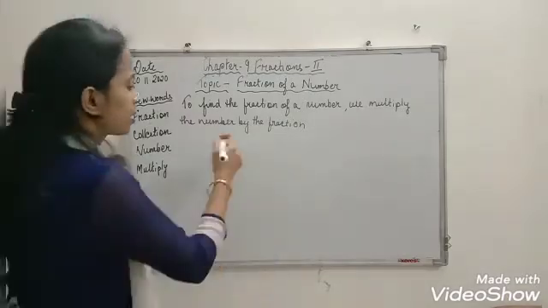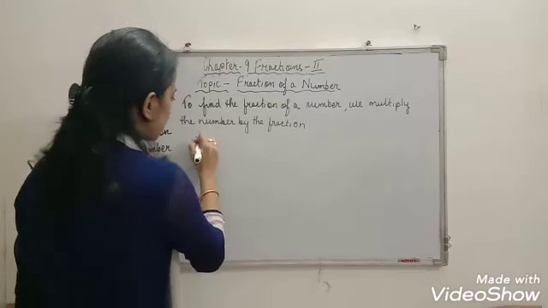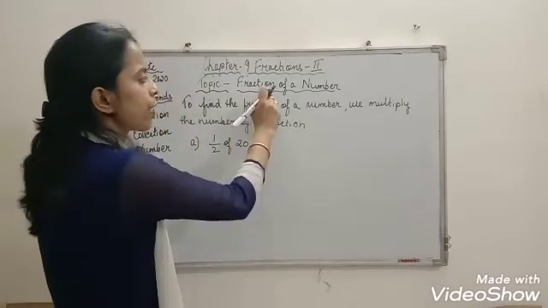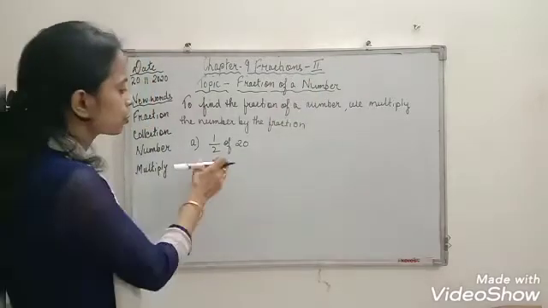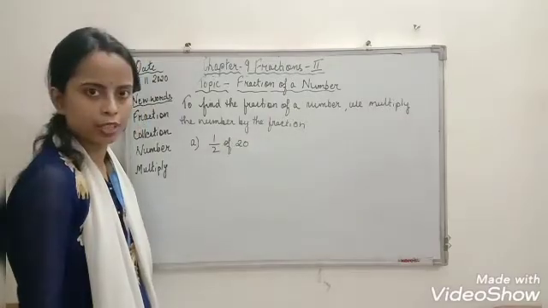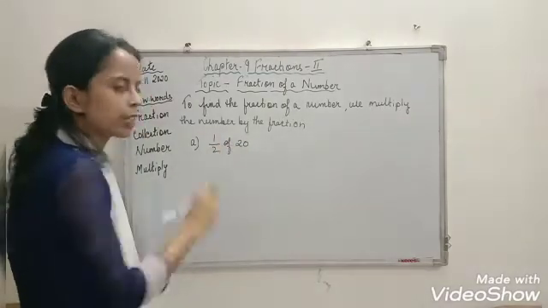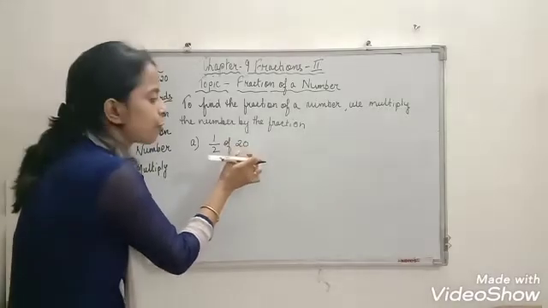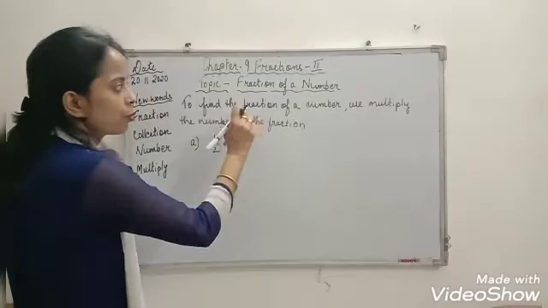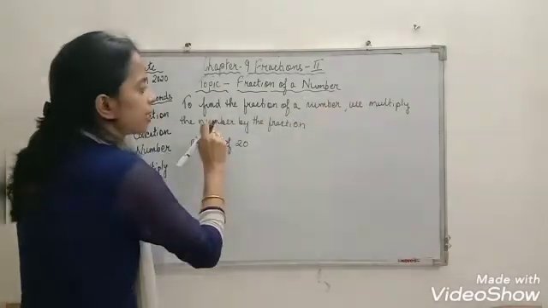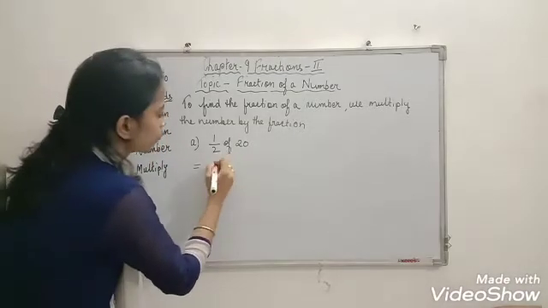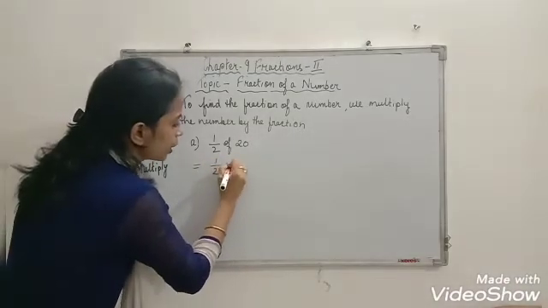So now, let's take some examples. Half of 20. Fraction of a number. What are we going to do? We are going to find the fraction of the given number. Half of 20. How are we going to find half of 20? We multiply the number by the fraction. So to find half of 20, 1 by 2, that is half into 20.